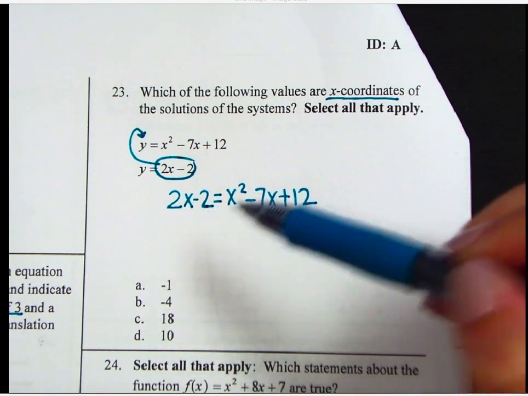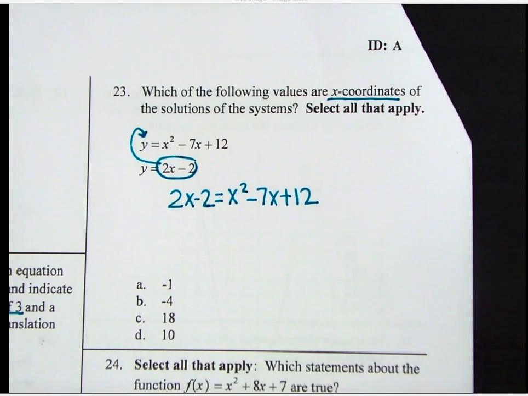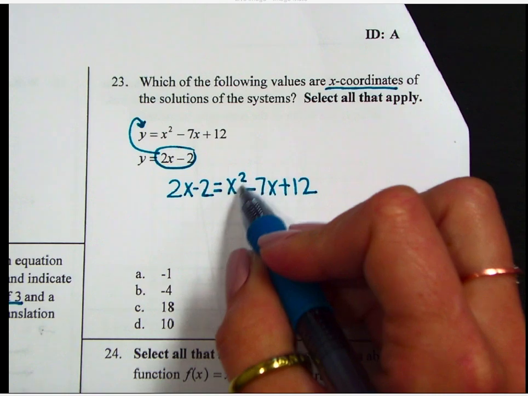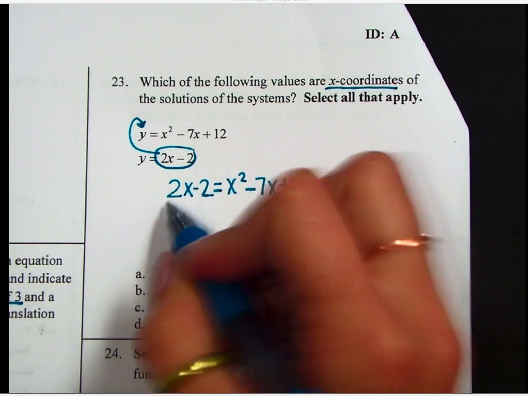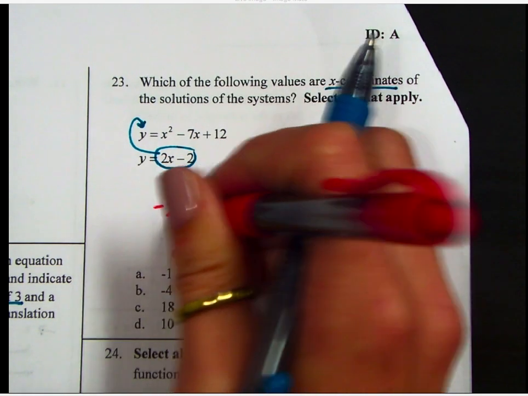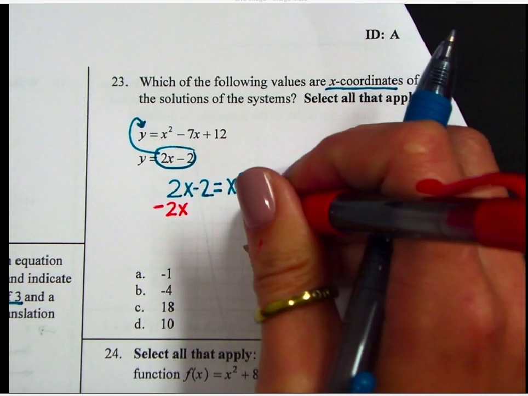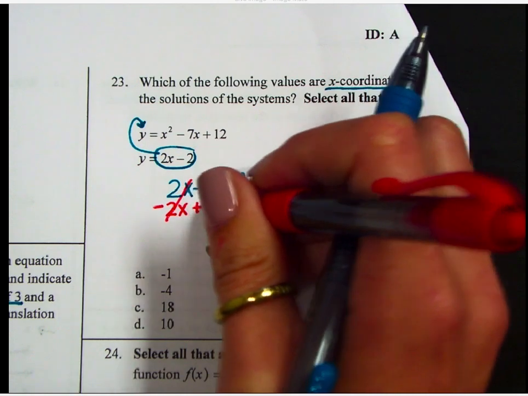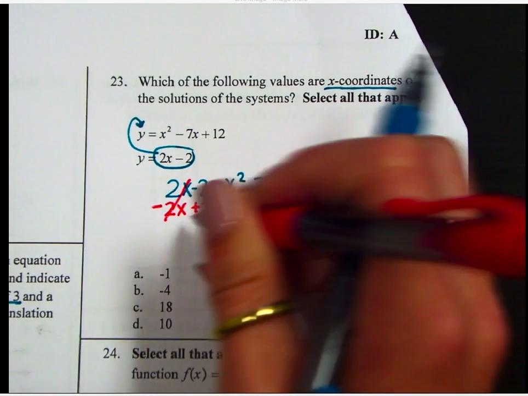Okay, I am going to want to solve this. So I'm going to move all of my terms to one side, and I'm going to try the factoring method. So since this is already a positive a value, I'm going to move over the 2x by switching the sign, right? Inverse operation, subtract 2x to both sides, and then add 2 on both sides.